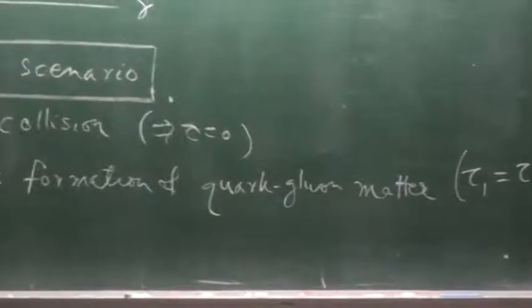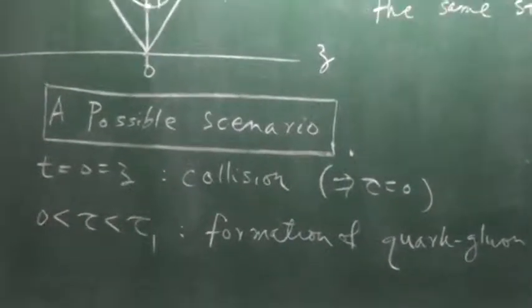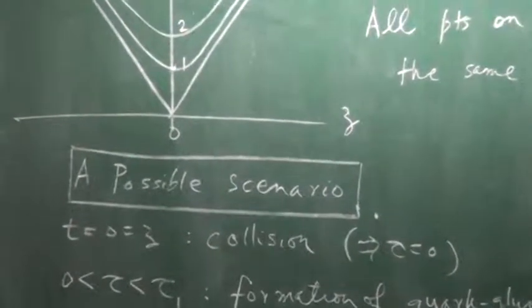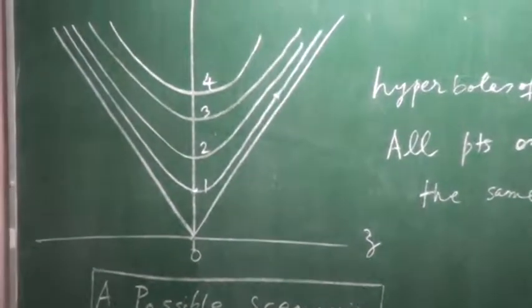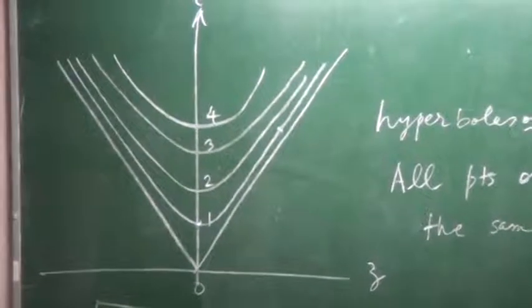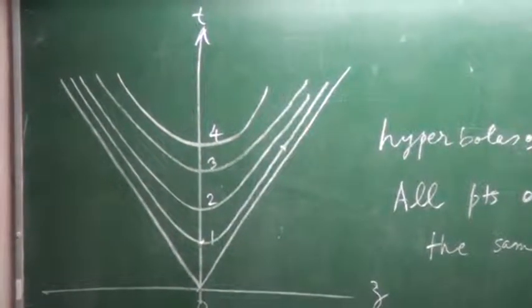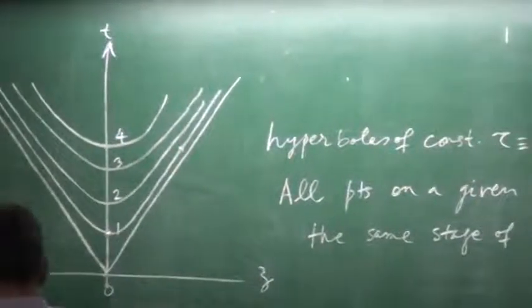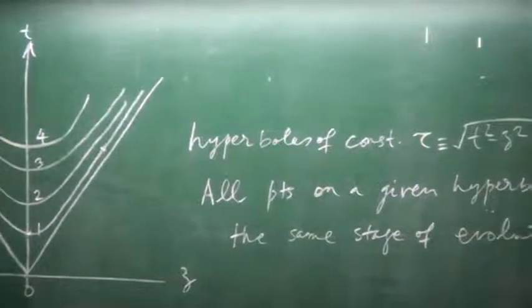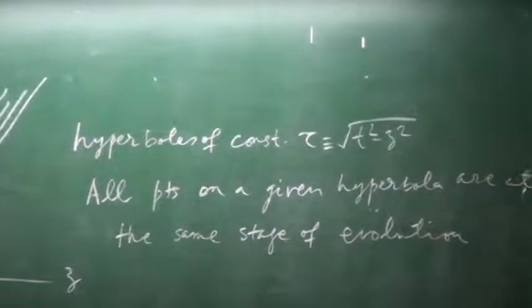In time tau 1, which is same as this decoherence time, estimated to be a fraction of a Fermi. It could be 0.1, it could be more than that. We don't know the exact value. But that is the first thing that happens, formation of gluon matter. Next, that means you are now here on this hyperbola.